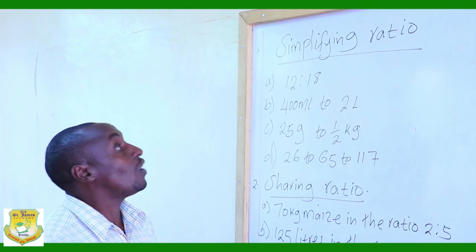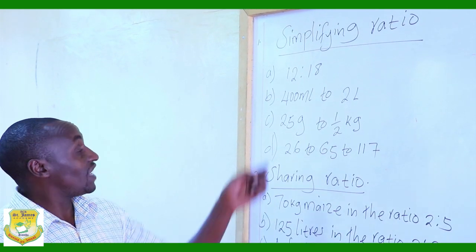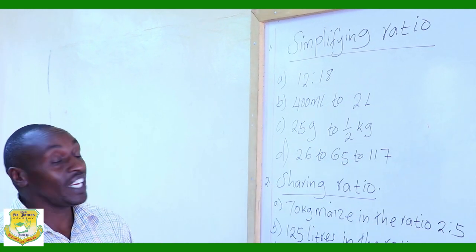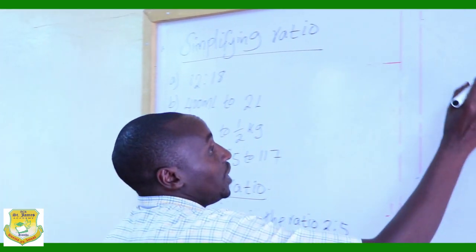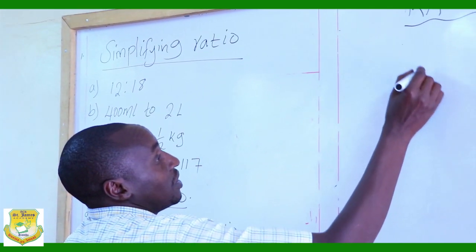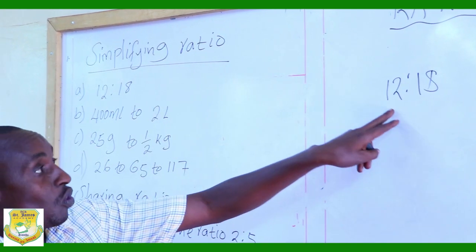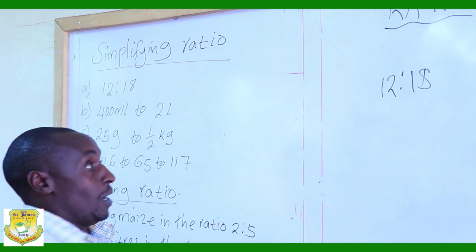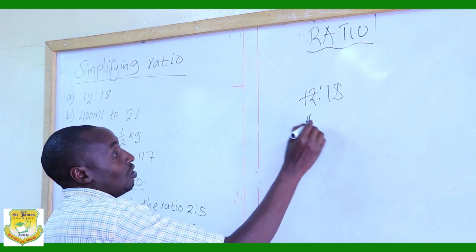The first question, we are told to simplify the ratio. We are given some questions here to simplify. The first one, we are given 12:18. We simplify. There are common divisors between 12 and 18. We can start by 3. By 3, we get 4.